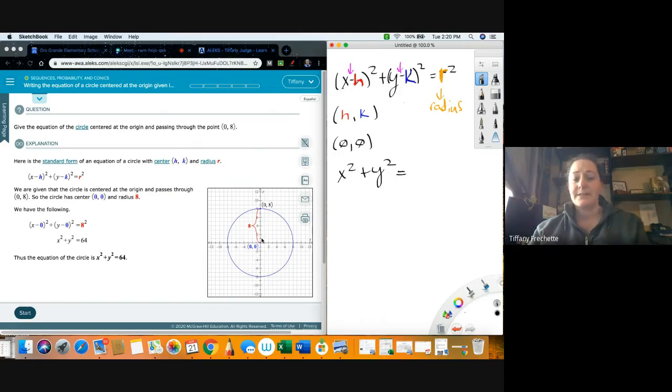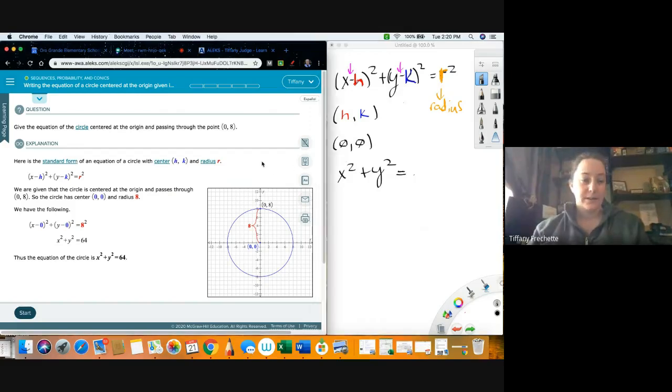And that is your radius. If you go from the center to the side of the circle, you have a radius. So we know our radius is 8. All we would do is plug in 8 squared, and just like they did here, they don't want to see 8 squared. They want you to work it out so that you write 64. This is going to be our equation each and every time. All we have to do is figure out what our radius is and write that part in.